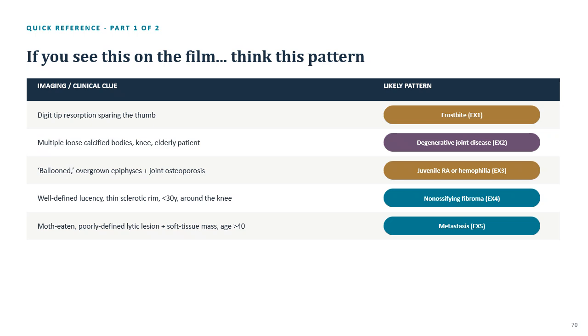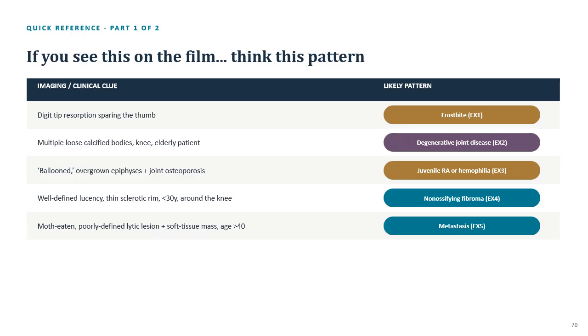If the doctor sees well-defined dark lesions with very sclerotic borders, especially in the knee area of a patient that's under 30, they sometimes think about non-ossifying fibroma.